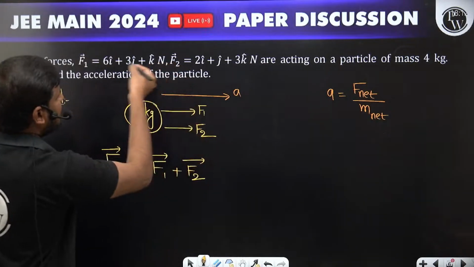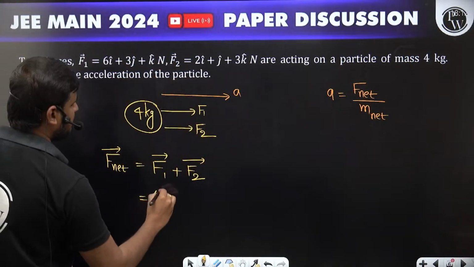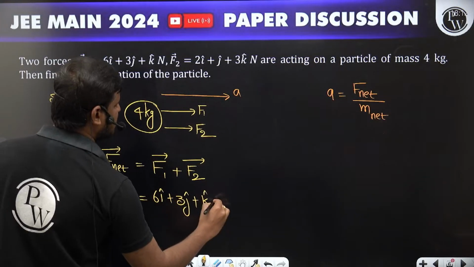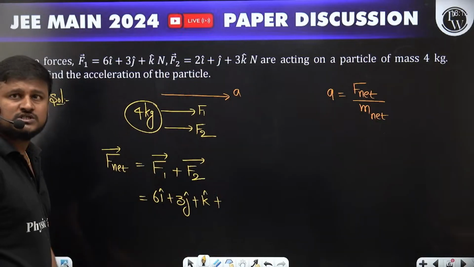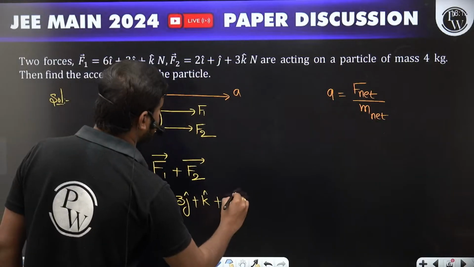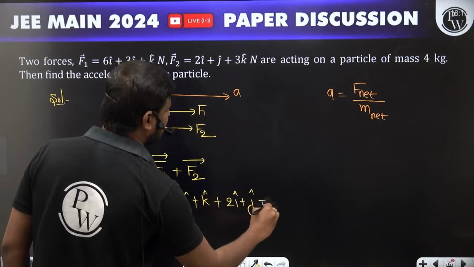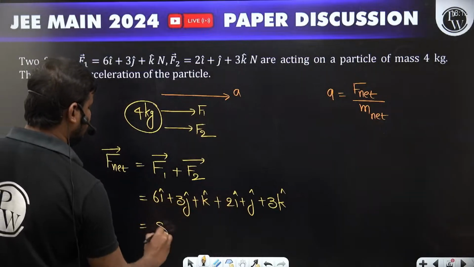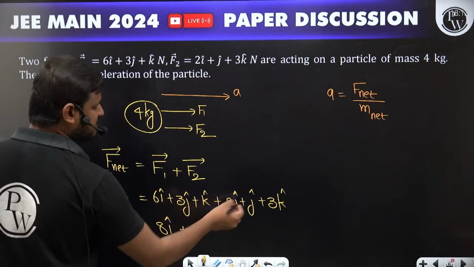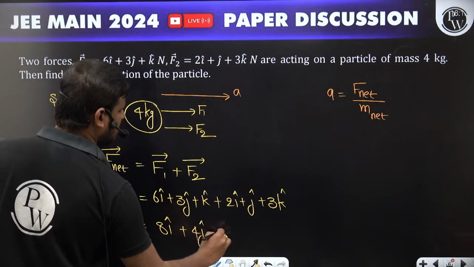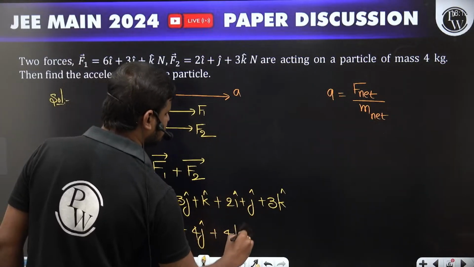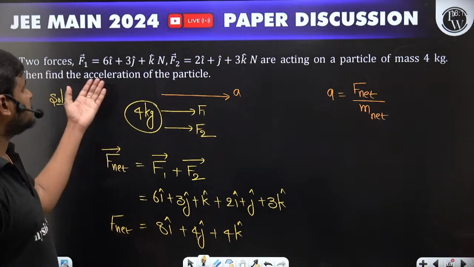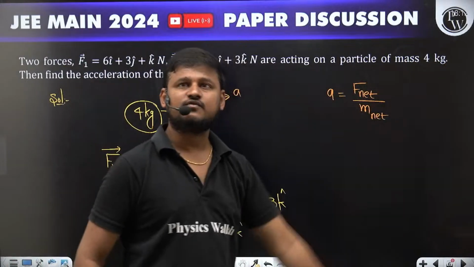So what are the forces we have? F1 is 6i cap plus 3j cap plus k cap, plus F2, which is 2i cap plus j cap plus 3k cap. So here 6 plus 2, 8i cap, plus 3j plus j, which is 4j cap, plus k plus 3k, which is 4k cap. So here I got the net force, and for the net mass, only one particle is there, that's the 4 kg mass.